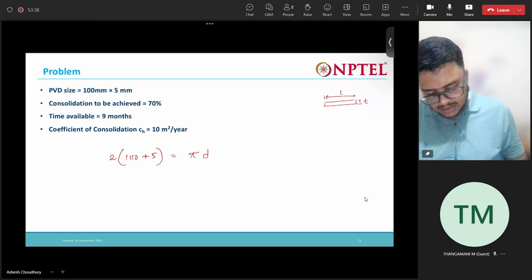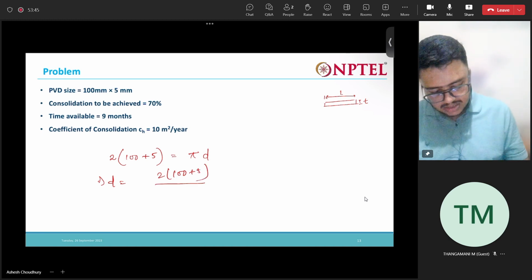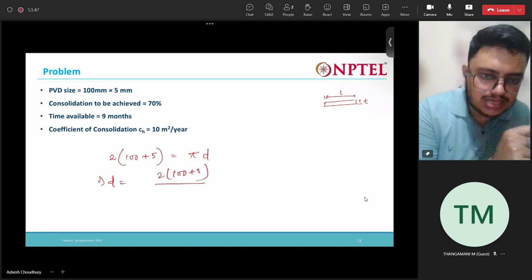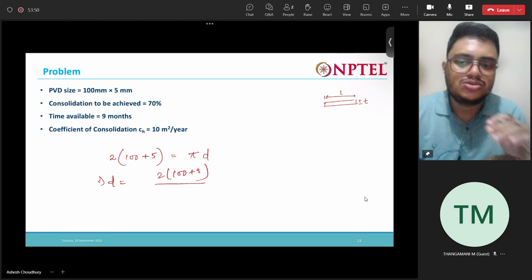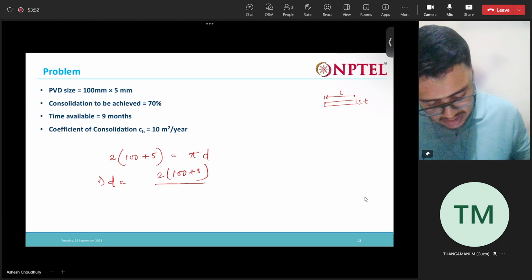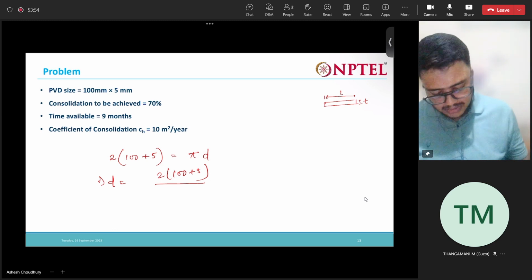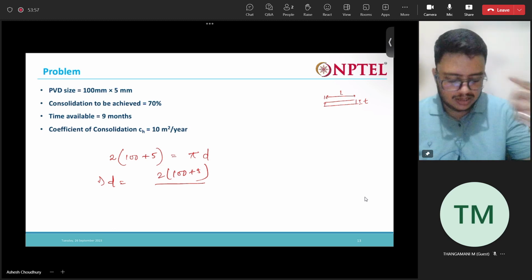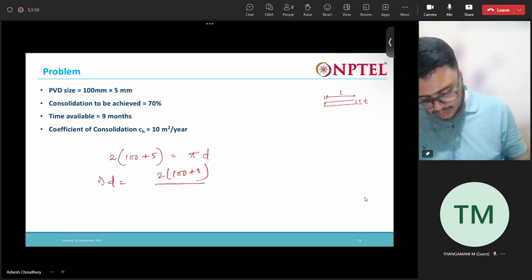From this we get the equivalent diameter, so that the rectangular PVD is represented as if it were circular. This comes out as 66.8 mm, which is 0.0668 meters.